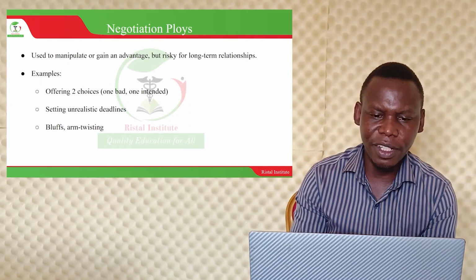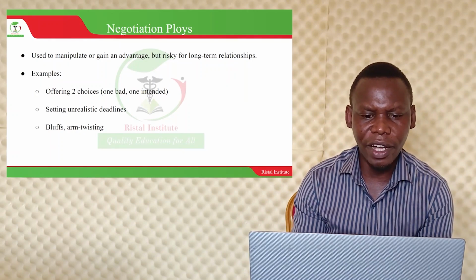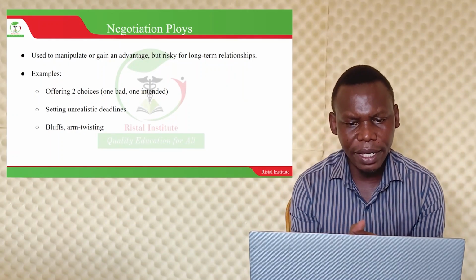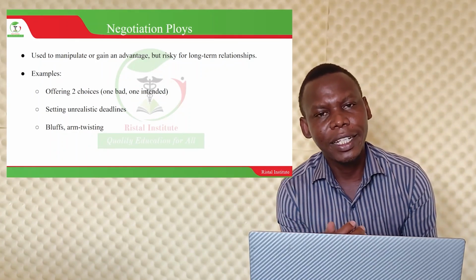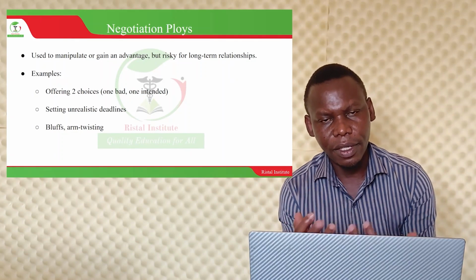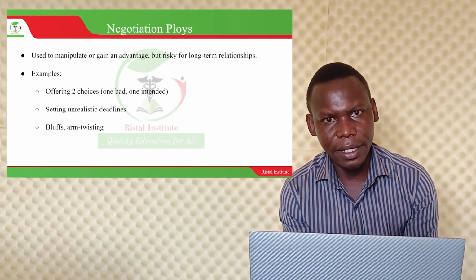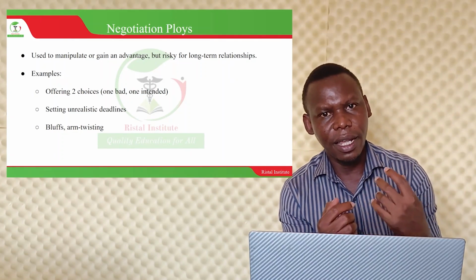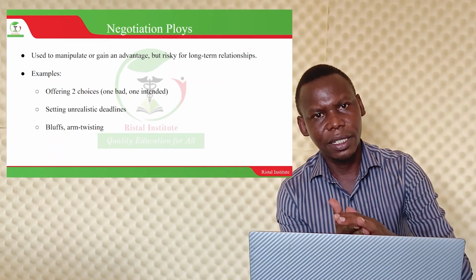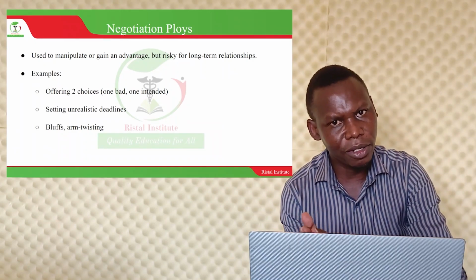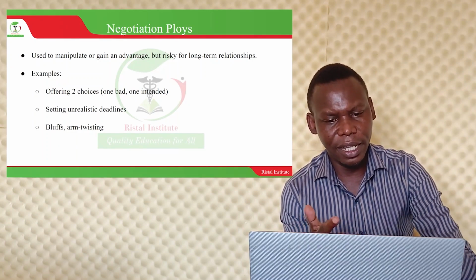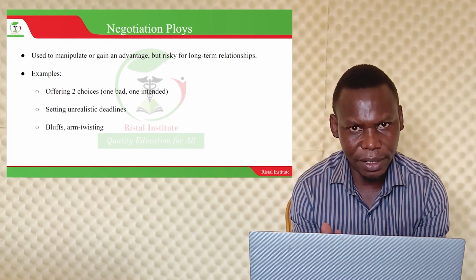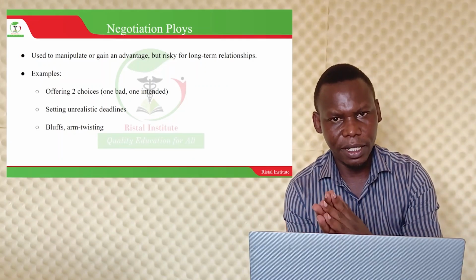The examples of this manipulative action could be offering two choices, whereby there is one bad one and one with good intent. This one is common in some markets, at a random. Someone offers you a product and says, I'm offering you this at this price. Let's say maybe 10,000, a shoe.